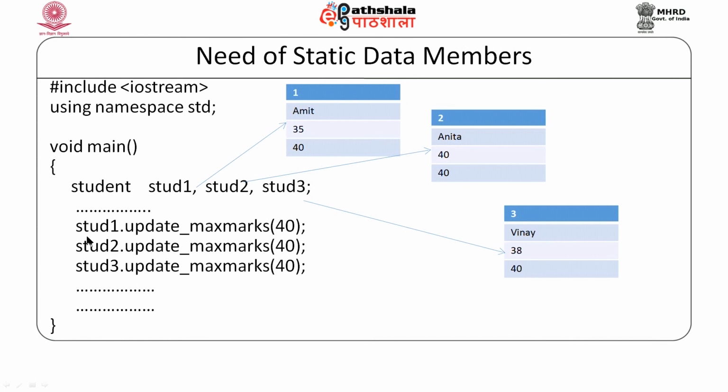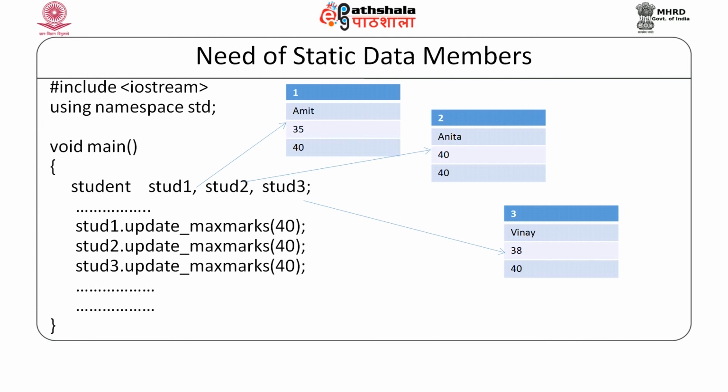I would invoke this function on student 1 and second student object, and on the third object. If I had 10 student objects, I would have to do it 10 times, if 50 then I have to do it 50 times. So, this is very cumbersome, it is a common value, a single value, but still I need to go and update this particular value in every object, even if I know that this value is going to remain common for all these objects.